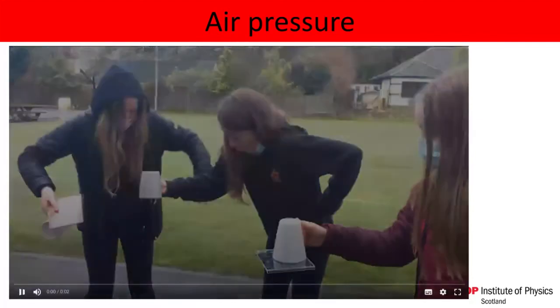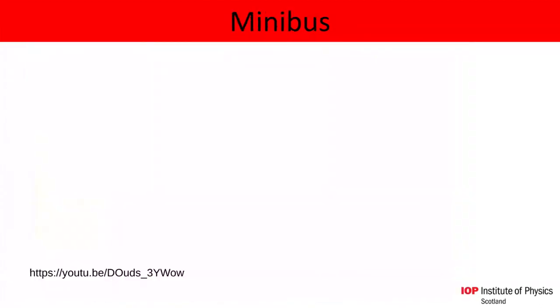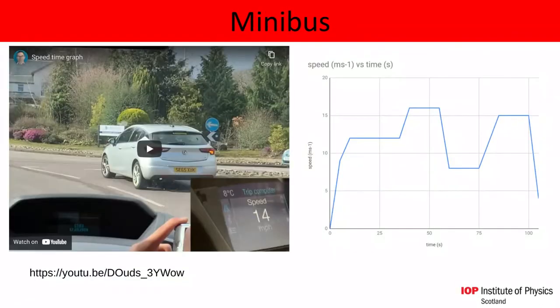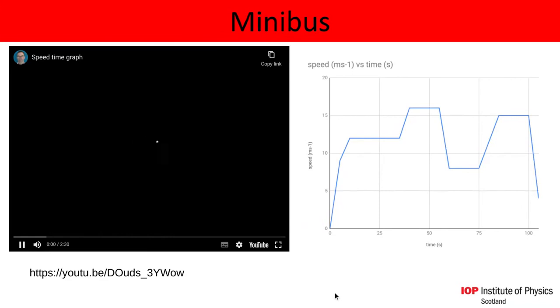As you can see, the class has great fun. You can drive your minibus and record speed if you've got a capable passenger, and then video that whole thing. I've used picture-in-picture editing on iMovie, and then you can play that back in class, and class can plot their own speed time graph. So that video there is available if you did want to try that.